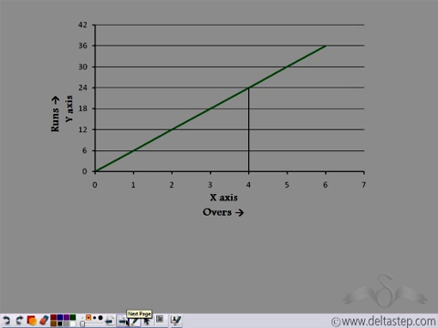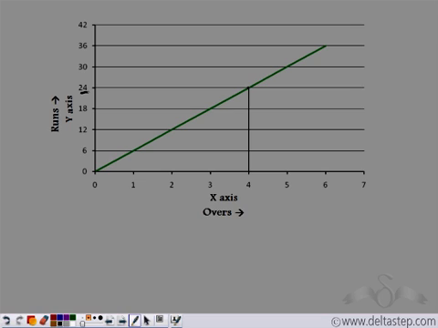And how do we find the runs scored at the fourth over? Since this point corresponds to the fourth over and runs are measured on the y-axis, what is the point on the y-axis corresponding to this point? Again, we consider the straight line and this is the point on the y-axis corresponding to this line. So, after the fourth over, 24 runs are scored.